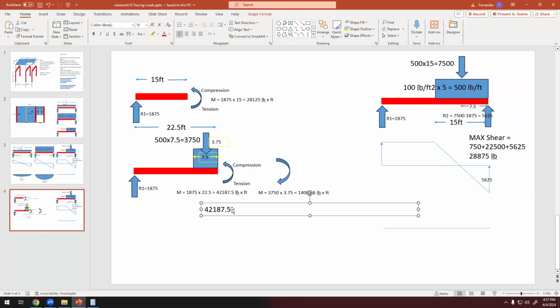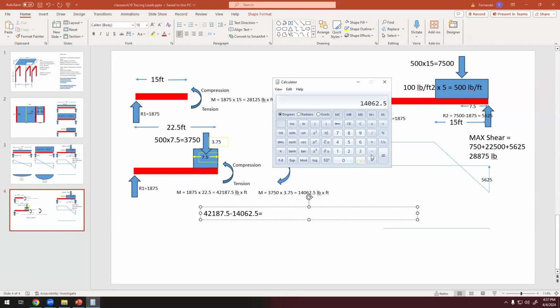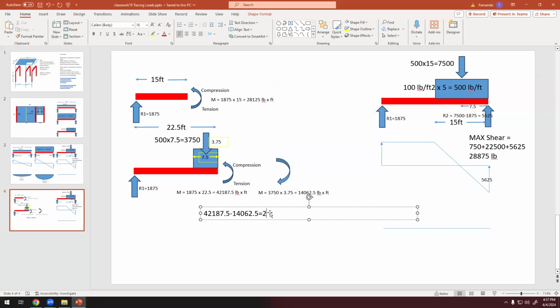So if this is the first one, minus 14,062.5 equals, so this is 28,125.